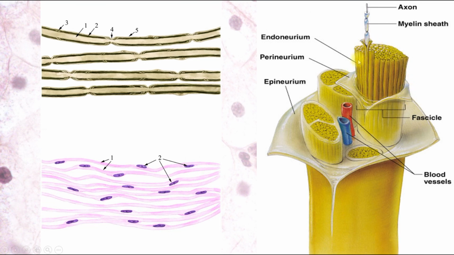Here we can see a bundle of nerve fibers, and those bundles are surrounded with perineurium. It's a thicker layer of loose connective tissue, and it contains blood vessels which provide nutrition of this nerve. So big nerves contain some bundles, and the entire nerve is covered with epineurium, which surrounds the entire nerve.